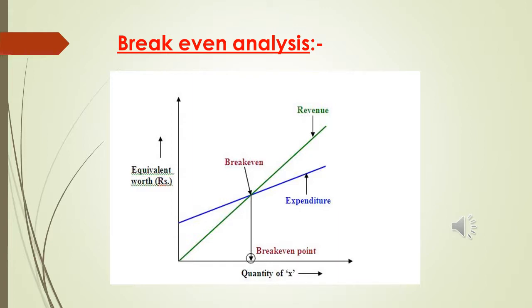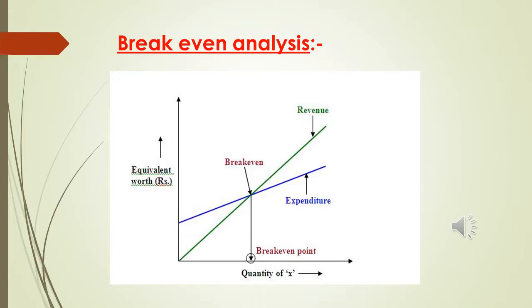So this is the diagram. Towards the x-axis, quantity of x is mentioned. In the vertical, you have the equivalent worth in rupees. So when you draw revenue and expenditures, where both clash, that point is called the break-even point.